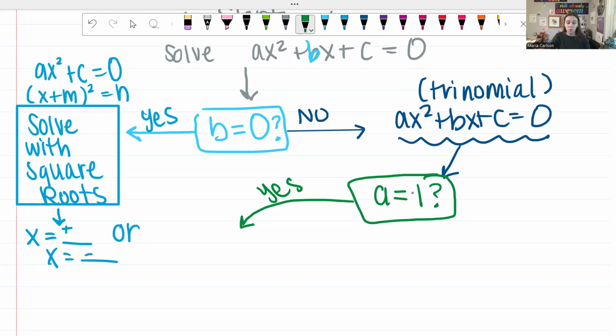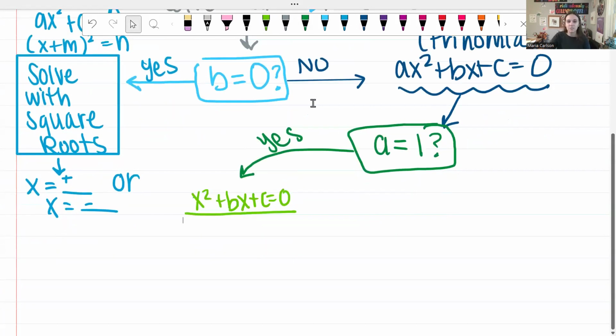If a is equal to 1, then we have just some x squared plus bx plus c is equal to 0. And this is wonderful because you can try to factor using x factors. So x squared plus bx plus c equals 0.